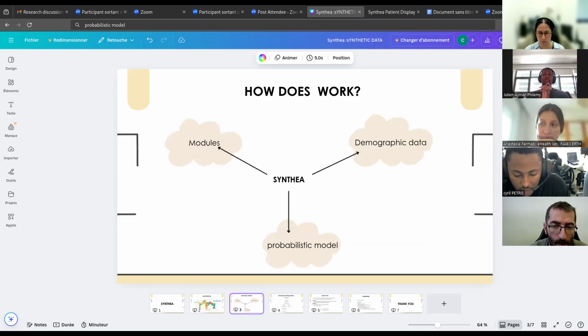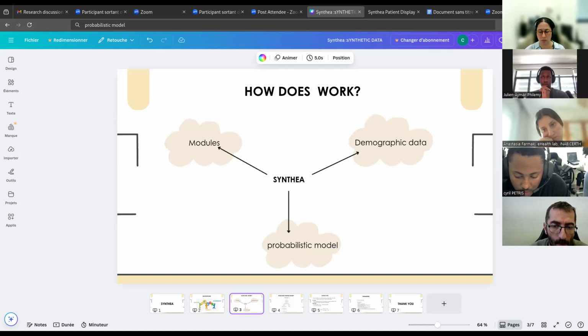The first pillar of Synthea is the modules. The modules are different graphs that are stored in a JSON file and represent the medical journey of a patient.